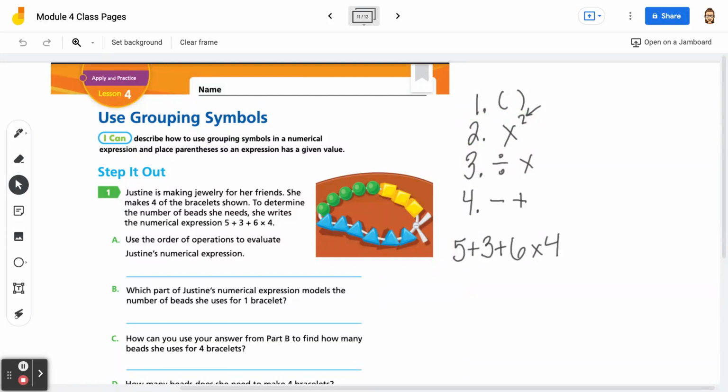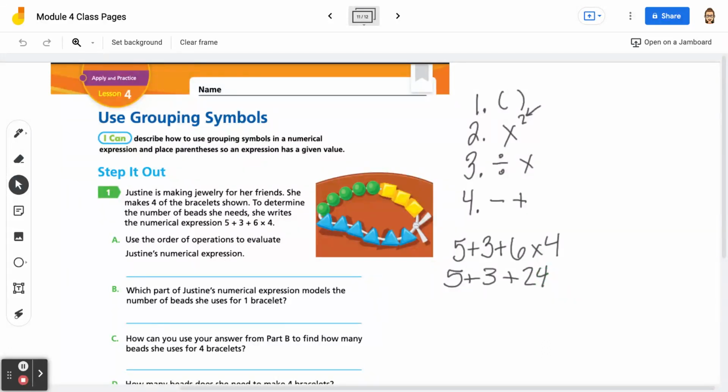No. Is there any multiplication or division? Yes. So we're going to do that first. So we're going to do 6 times 4. We're going to write everything else down the same. So 5 plus 3 plus, and then 6 times 4, which is 24. So everything else stayed the same.